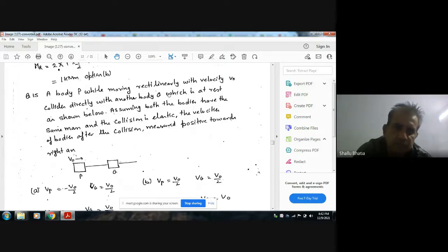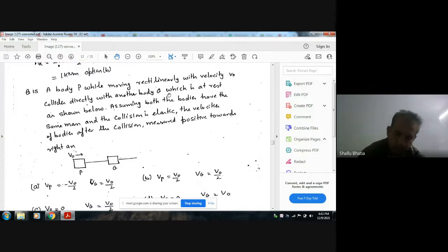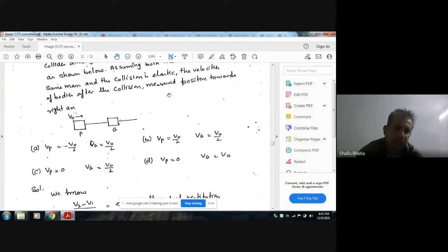Assuming both the bodies have the same mass and the collision is elastic, the velocities of the bodies after the collision, measured positive towards right, are: option A, Vp is equal to minus V naught by 2, Vq is equal to V naught by 2; B, Vp is equal to V naught by 2, Vq is equal to V naught by 2; C, Vp is 0, Vq is V naught by 2; D, Vp is 0, Vq is 0.